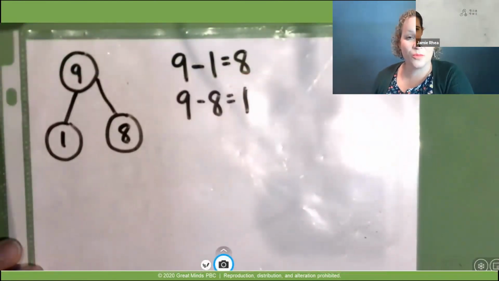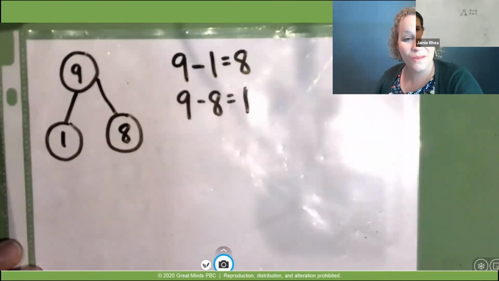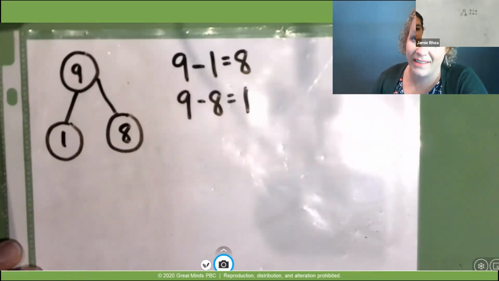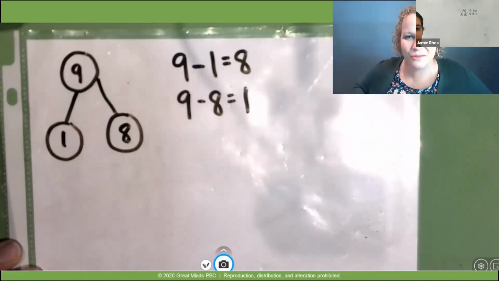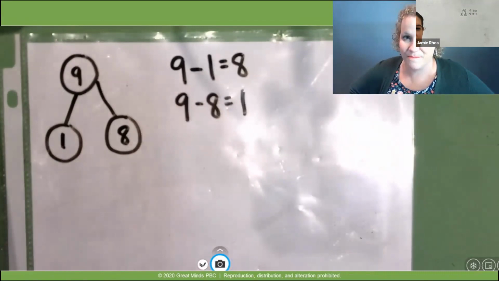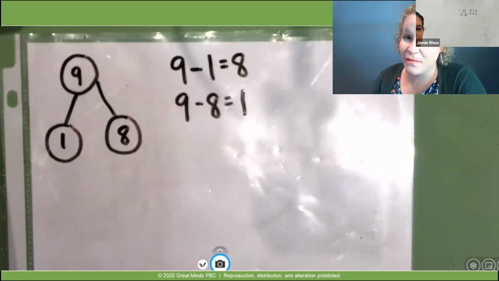Your job now is to write all of the number bonds where 9 is the total, and also the subtraction sentences that describe each number bond. You may use whatever tool you'd like to help you find all of the number bonds and subtraction sentences where 9 is the total. Try not to write too big because there's going to be a few of them.